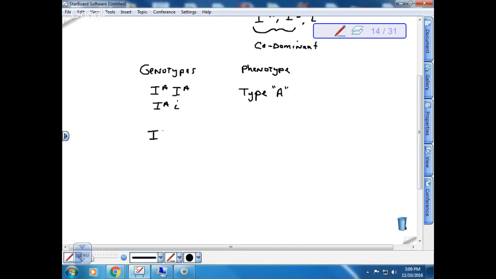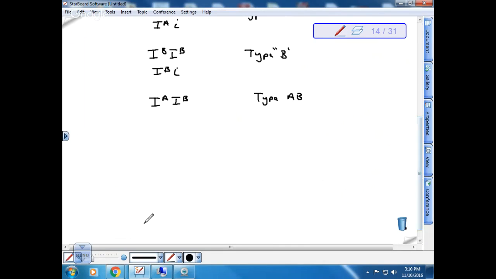You could have this combination. That is type B. You could have this combination. That is type AB. Or you could have this combination. This would be type what?